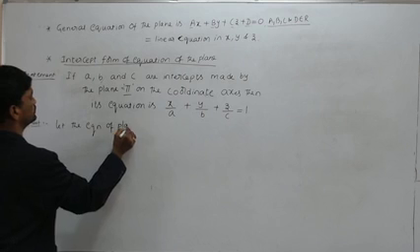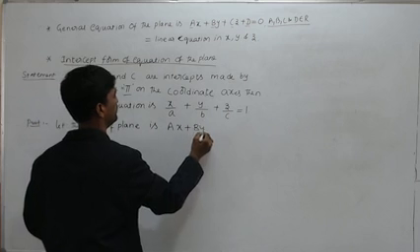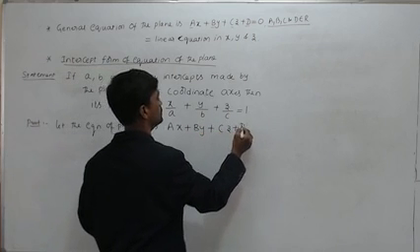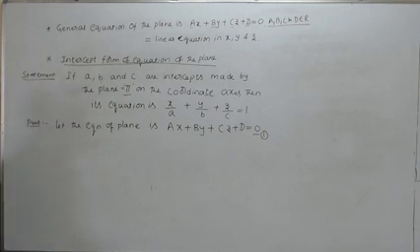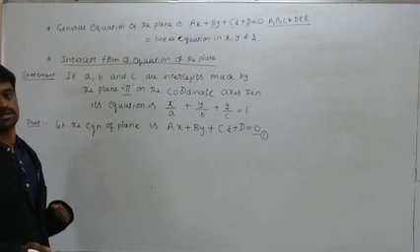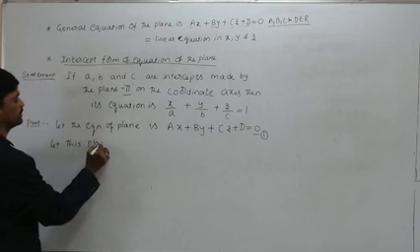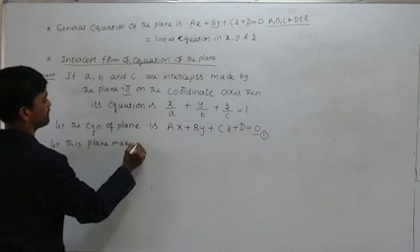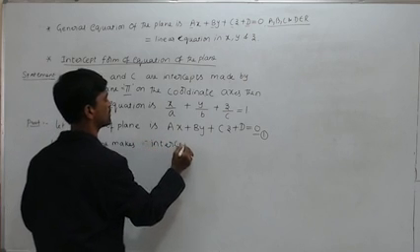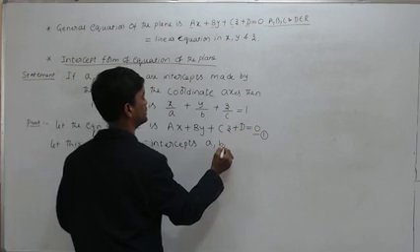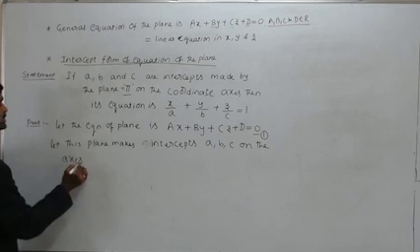Let this plane make the intercepts small a, small b, small c on the x-axis, y-axis and z-axis respectively.